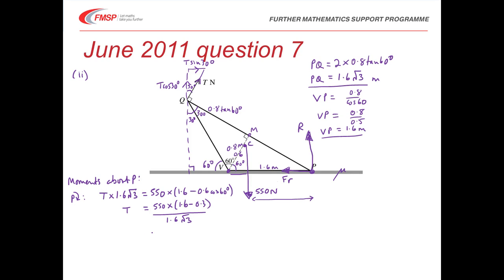And if I carry out that calculation, I'm going to get 258 newtons. So there's the critical value for the tension, and at that value the rigid body won't topple, it's just on the point of toppling.